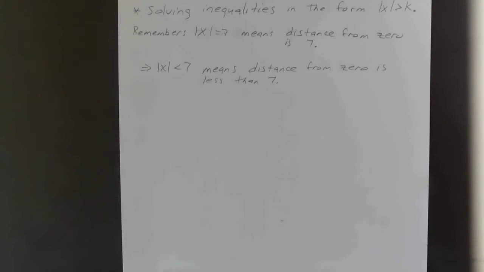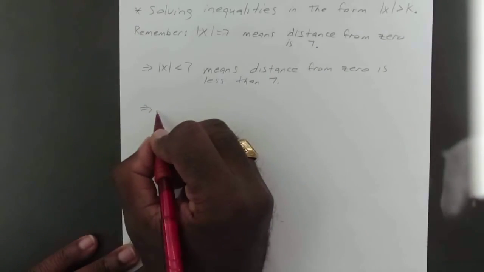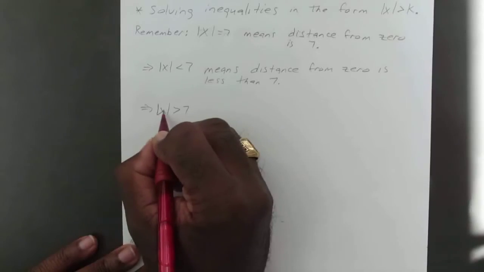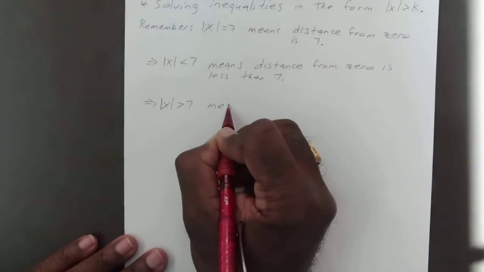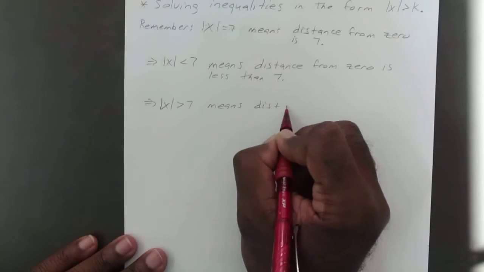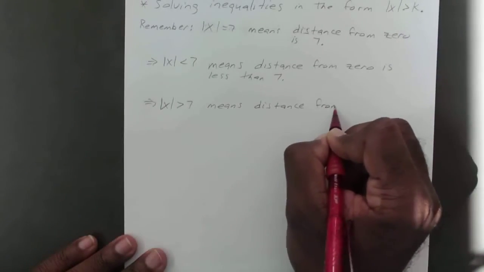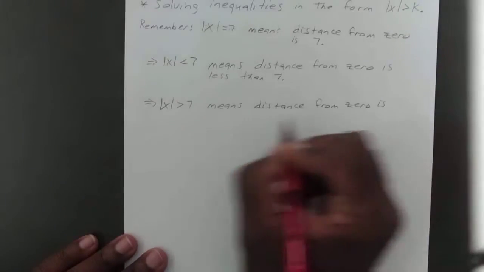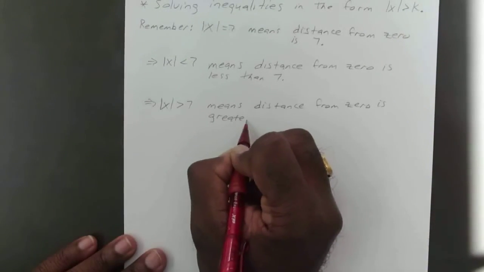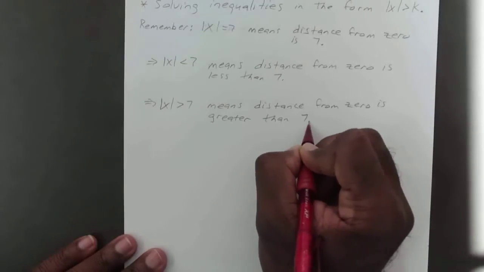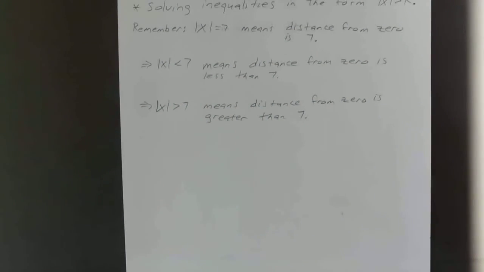So it only stands to reason that if absolute value of x is greater than 7, that means the distance from 0 is greater than 7. Okay, so those are kind of the options. You have less than, equal to, greater than, and greater than or equal to. But greater than and greater than or equal to have the same approach.